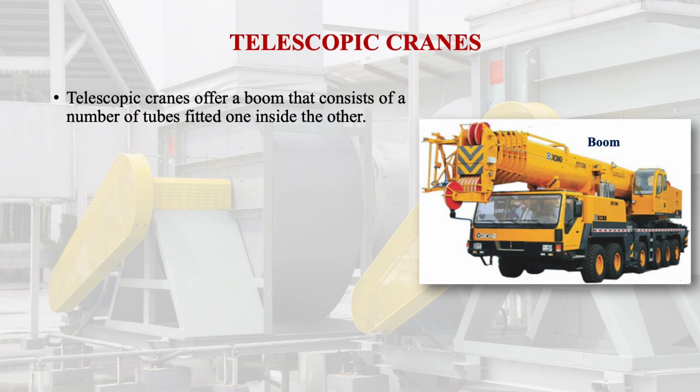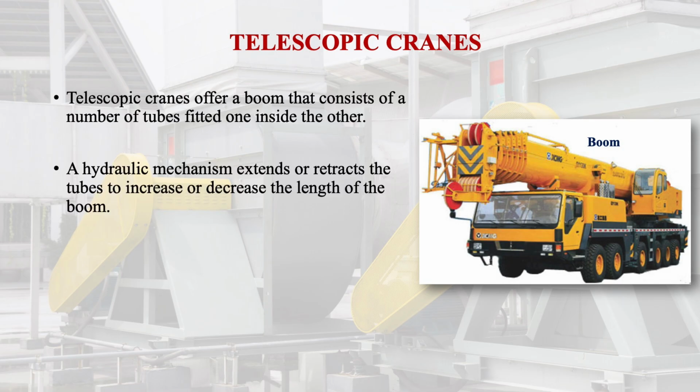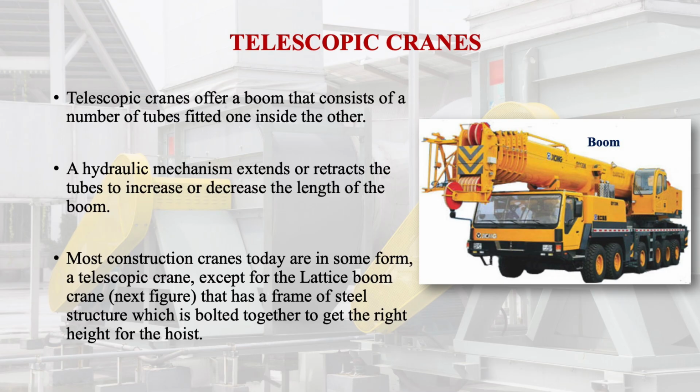Telescopic cranes offer a boom that consists of a number of tubes fitted one inside the other. The hydraulic mechanism extends or retracts the tubes to increase or decrease the length of the boom. Most construction cranes today are in some form a telescopic crane, except for the lattice boom crane.